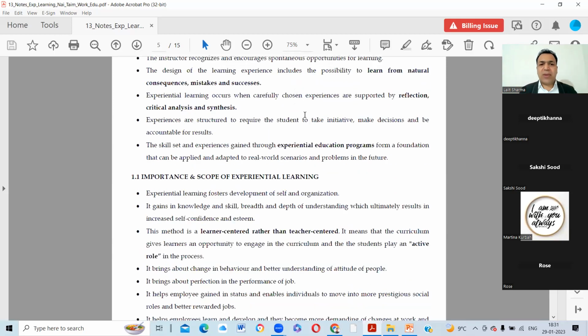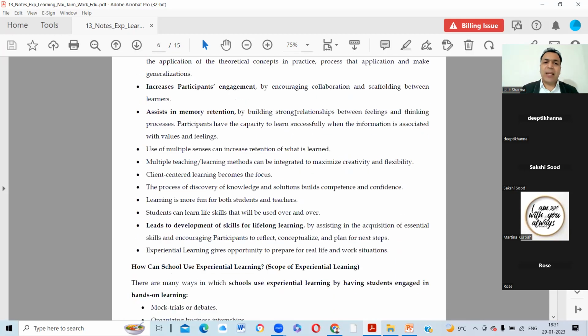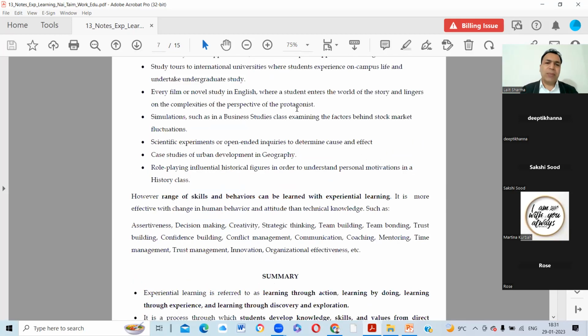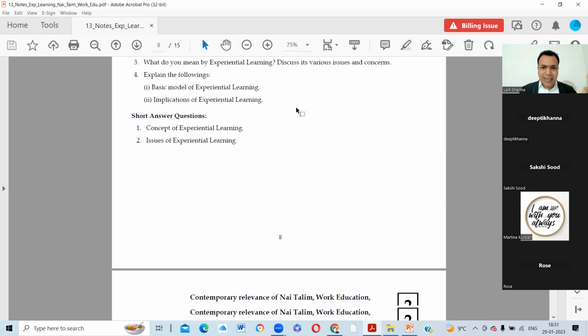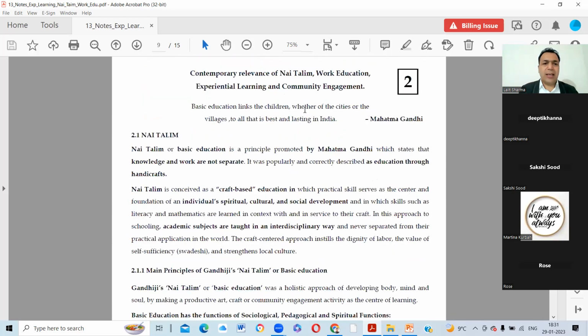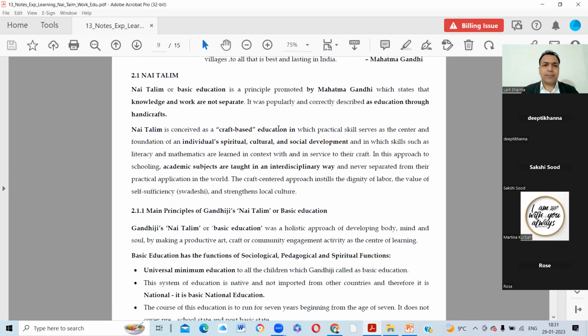And the same thing we have done in experiential learning, the philosophy of Nai Talim, is also the same. Nai Talim or basic education is also called the Wardha Scheme of Education, started by Gandhiji in 1937. It relates to experiential learning.